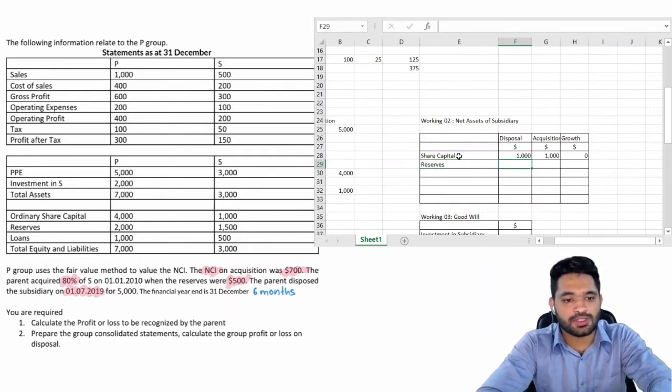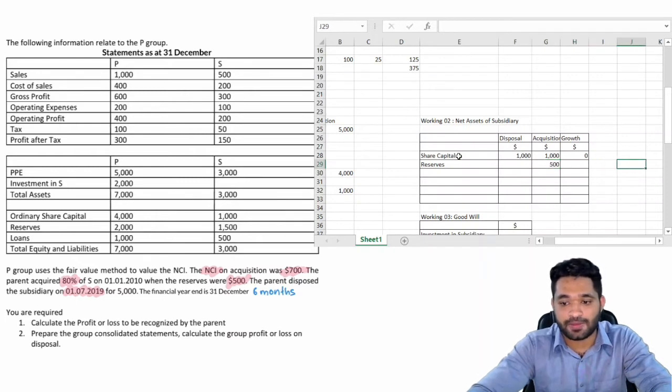Now on disposal, the reserves are 1500 that they are given, but this figure includes the total profits that were generated in the year. We need to do a special calculation and see what our reserves are at the date of disposal. But on acquisition, we know that it is 500.